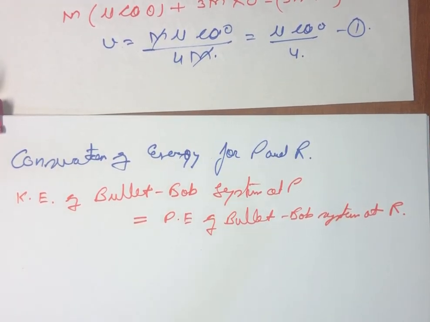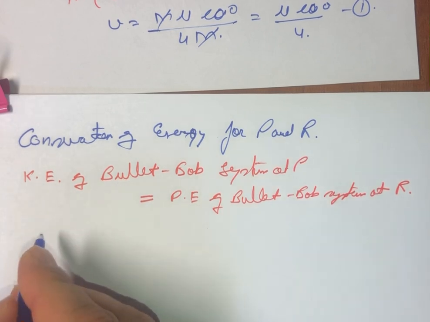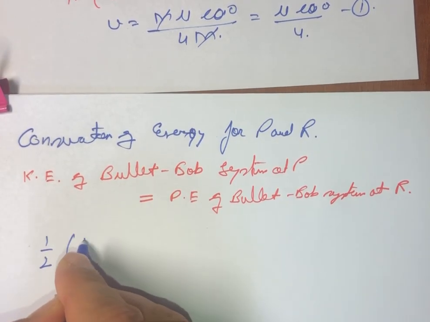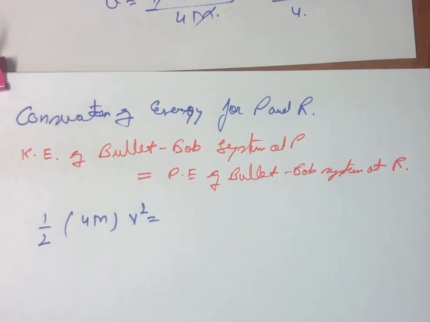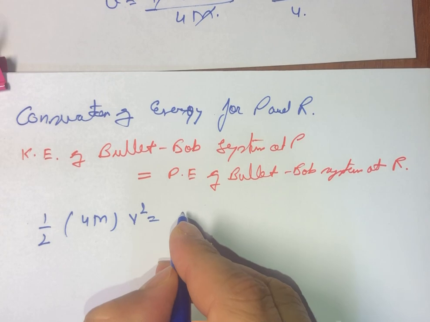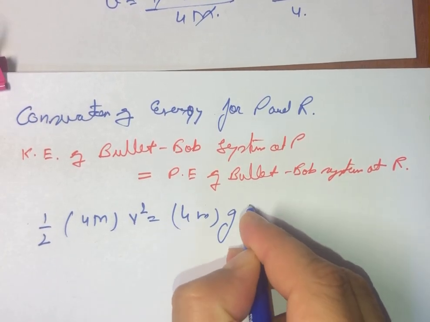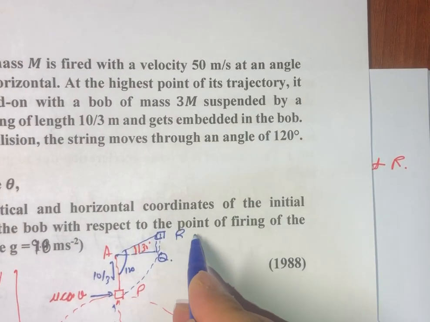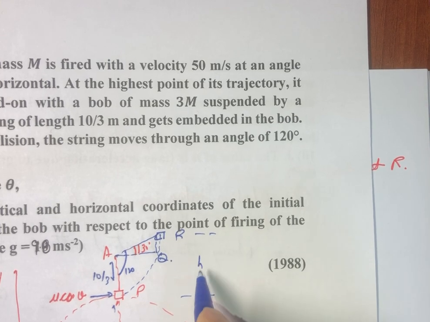Now we can simply write the formula. We get half 4m v square is equal to 4m g h, if h is the total height, this is the total height, let us suppose this is small h.